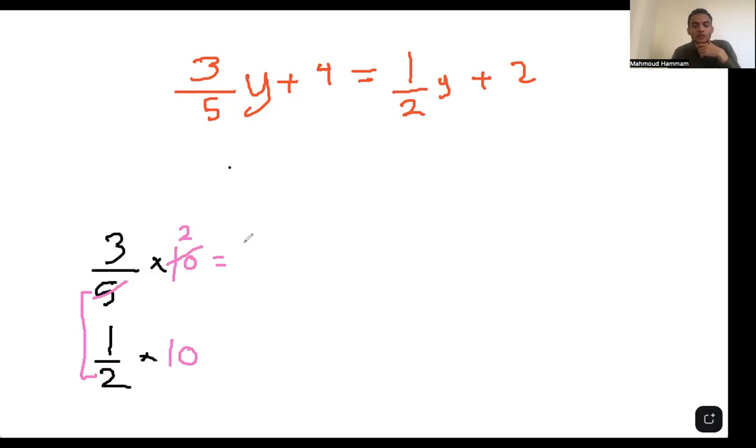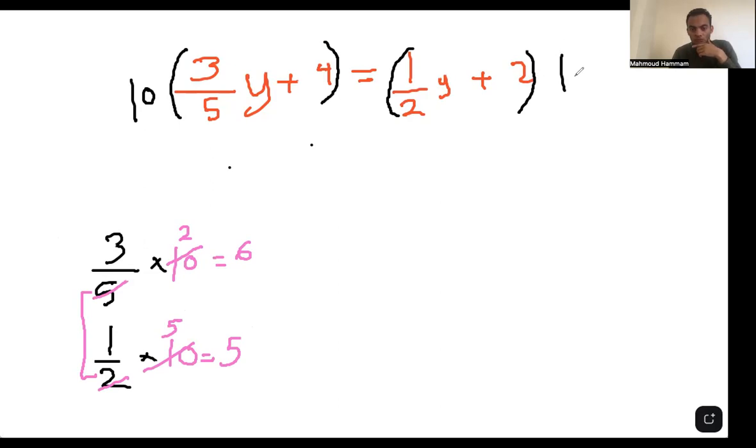Excellent. 2 times 3, 6. Good job. 10 divided by 2, 5. 5 times 1, 5. Also 5. Very good. So what happened here, Salah? I multiplied the left hand side with 10, and I also multiplied the right hand side with 10.